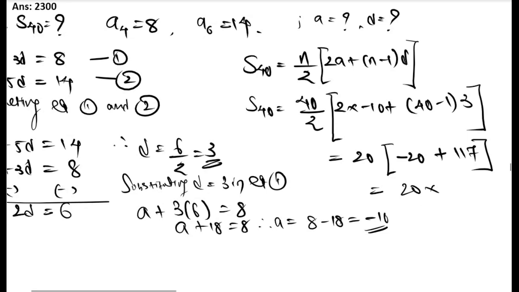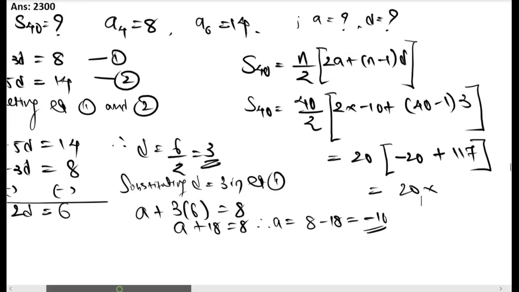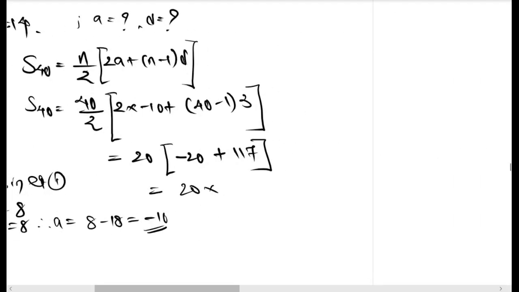So a plus 3d is equal to 8. So a plus 18 is equal to 8. 8 minus 18 is minus 10, it is correct. There seems to be some printing mistake in the textbook. So 117 minus 20, I don't think the answer will be correct. There is some mistake in this.